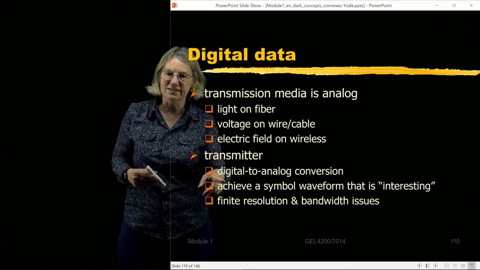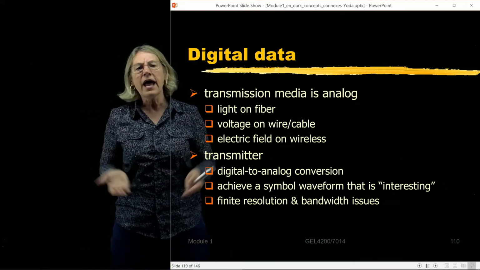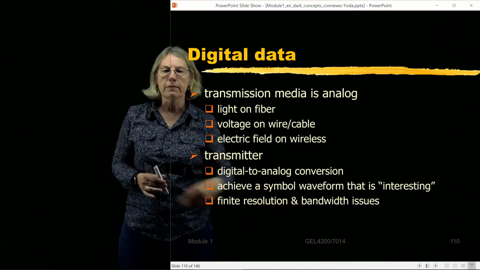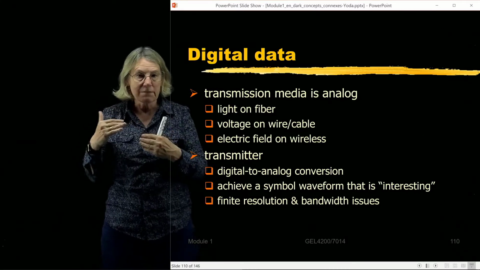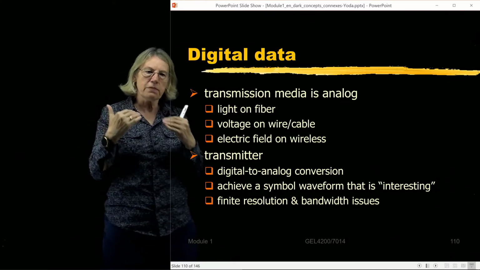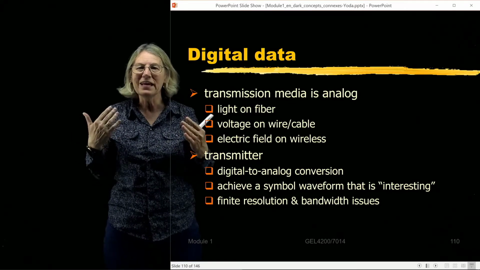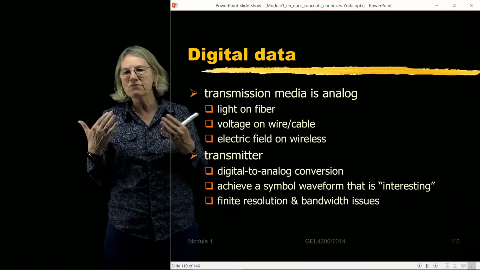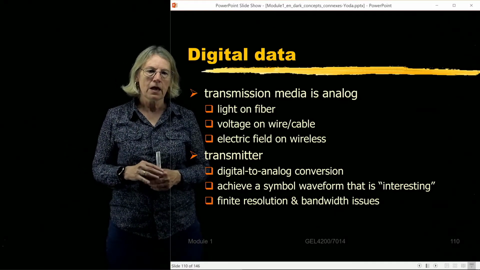So, for instance, the digital to analog converter. Now, I'll have a choice of what kind of symbol waveform. Remember, I said that a bit is a subset of a symbol. So when the symbol has to be transmitted, we'll be talking in this class about what would be interesting waveforms, what would be a waveform that would have some characteristics which were desirable in the communications environment.